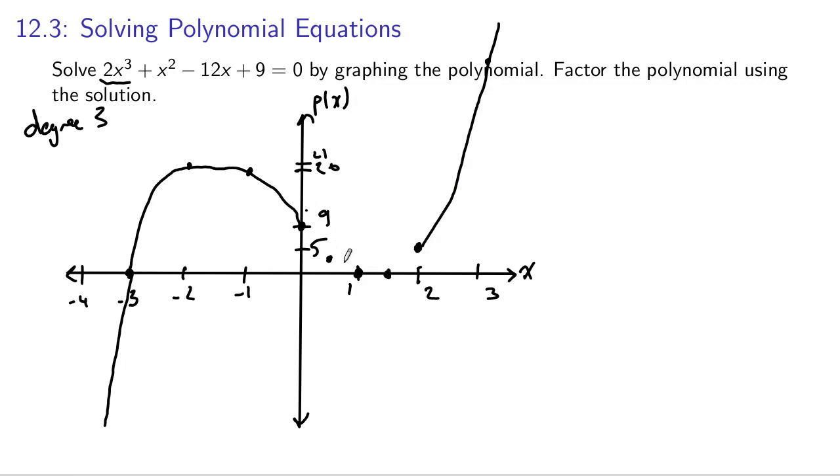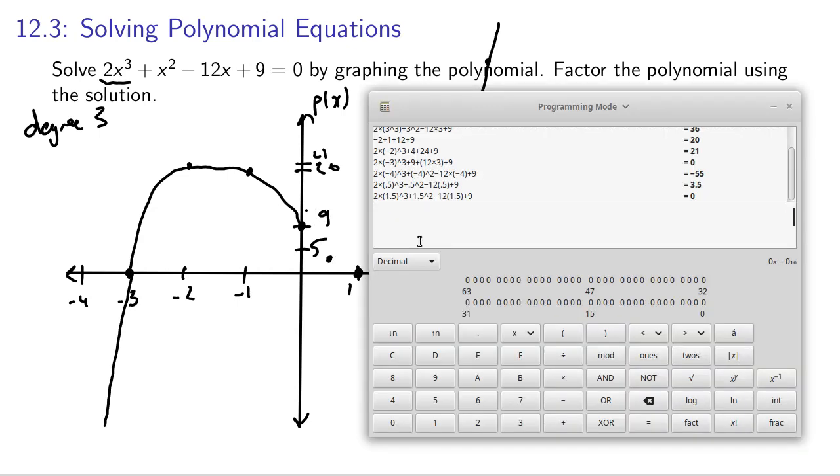So presumably the graph dips right below the axis here. Let's prove that by putting in a number in between, which would be 1.25. 2 times 1.25 cubed plus 1.25 squared minus 12 times 1.25 plus 9. Negative 0.53125, around negative 0.5.